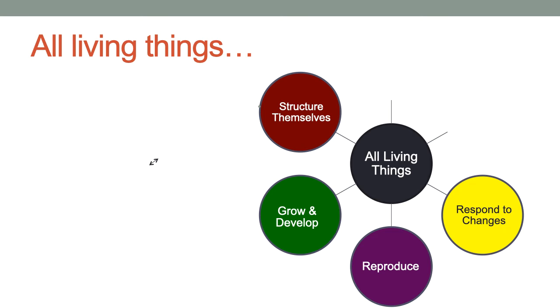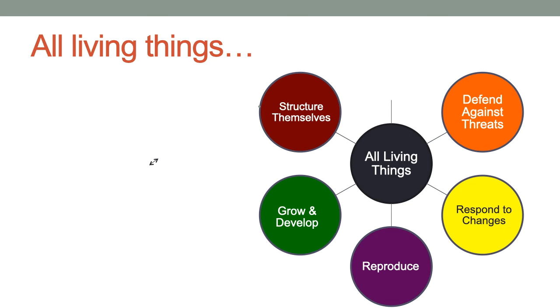Organisms that are alive respond to change, meaning they're going to respond to stimuli. An example of this would be plants, which don't move around, they don't have legs or anything, but they will move or bend toward a source of light, or they can climb on fences or walls. So living organisms are going to respond to stimuli either positively or negatively.